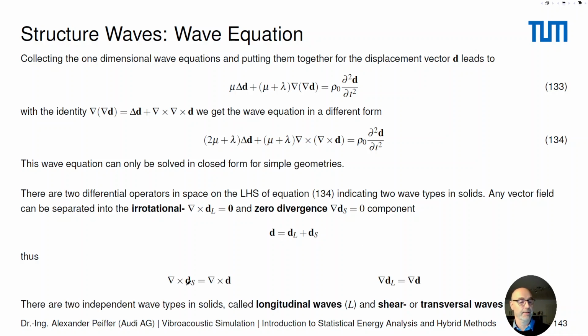On the other hand, if we take the curl of the displacement, we would just stay with the shear component, and if we take the divergence of the longitudinal version, we would also just end up with a longitudinal version. So those, as mentioned, are independent wave types, and we call them longitudinal and shear waves, and you will understand why they are called by those names when we look into the next slides.